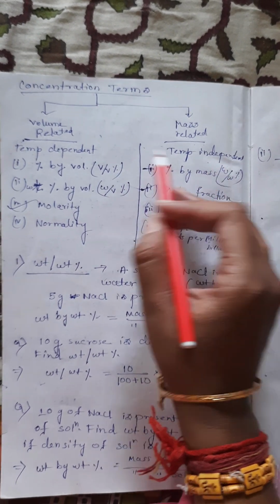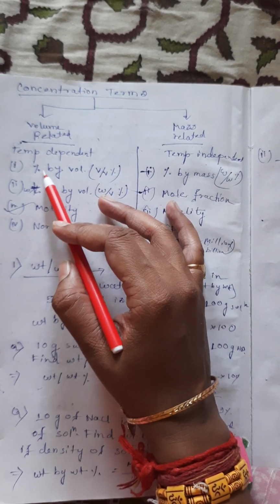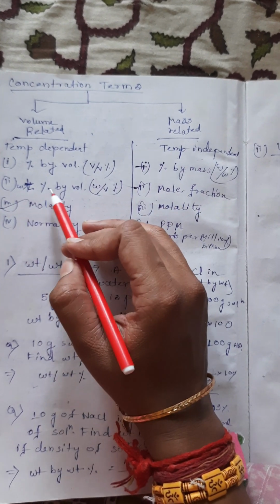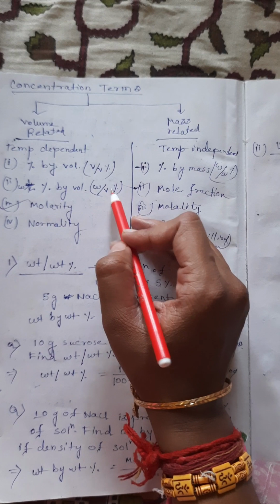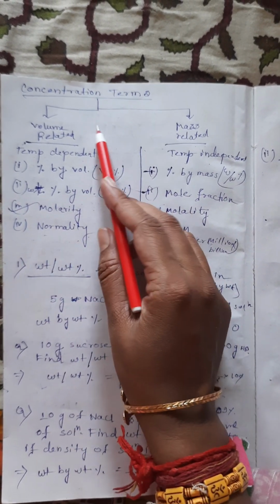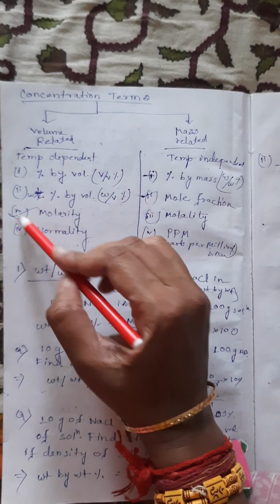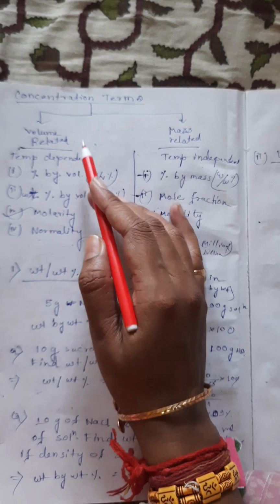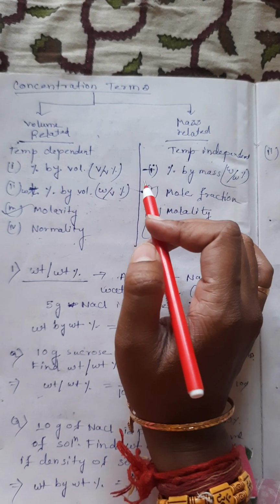Temperature independent. So temperature dependent terms are percentage by volume, that means V by V percentage, and weight percentage by volume, that means W by V in short. Okay, molarity and normality. These concentration terms are all volume related, that means they are all temperature dependent.